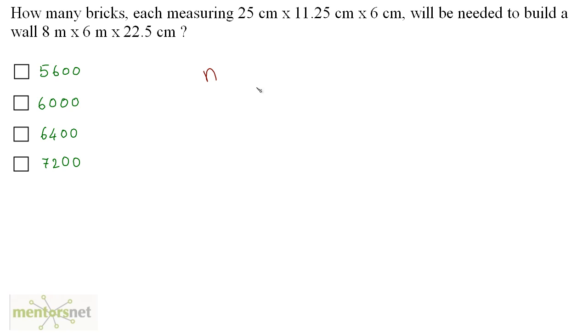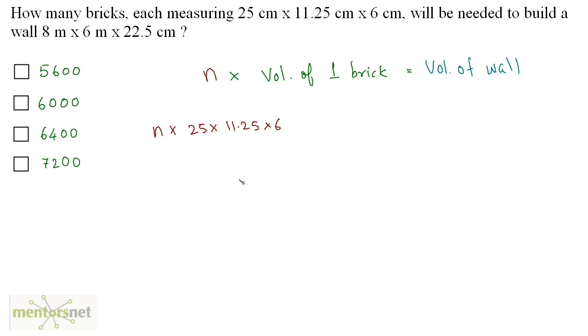Now if I multiply n by the volume of one brick, it will give you the volume of the complete wall, isn't it? So we have n times the volume of one brick. Well, a brick is 25 by 11.25 by 6 centimeters. So we can write it as 25 into 11.25 into 6, length into breadth into height, isn't it? This is equal to the volume of the wall.